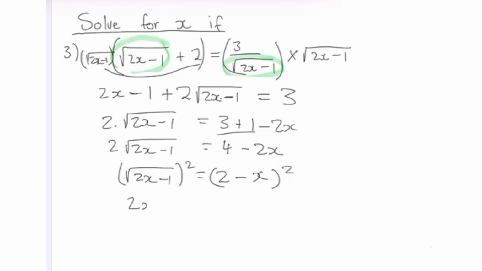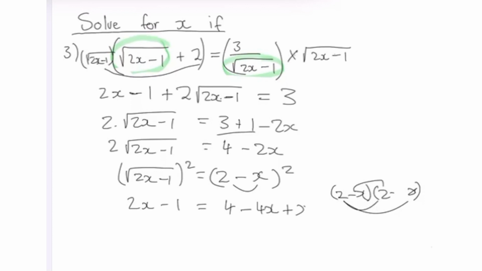And then we have 2x minus 1 equal to 2 squared, that will give you 4, and then we have minus 2x and minus 2x, that will be minus 4x, and then you have minus x all squared, that will give you plus x squared.